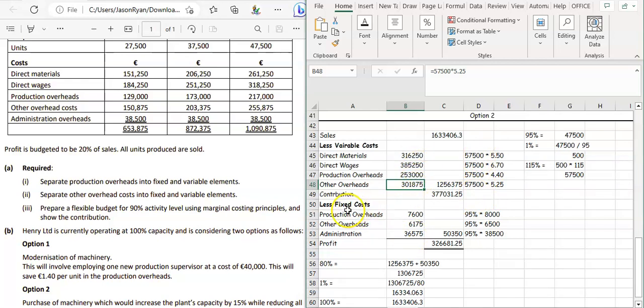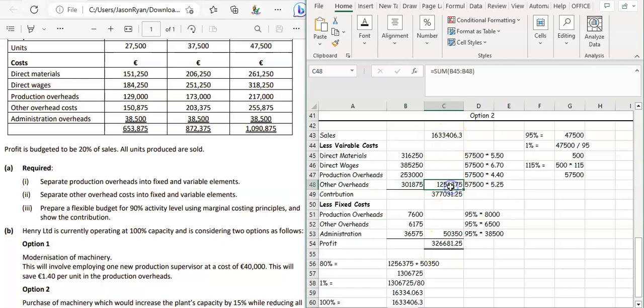And then for this one, our fixed costs were reduced by 5%. So same again, we used the fixed costs that we had in part 3: 8,000, 6,500, 38,500. Make sure that you're using the figures from part 3 and not the figures that you used in option 1. And then 20% is your profit, 100% is your sales.